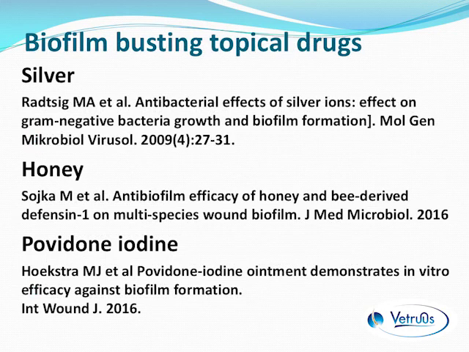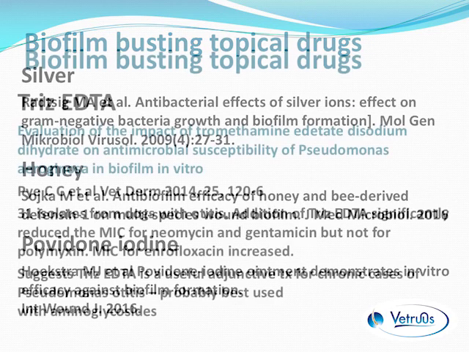Lots of different things have been described as being capable of breaking up biofilms, and on this next slide here I've just given you 3 papers which I've just pulled from the literature showing you that both silver, honey and povidone iodine all appear to be capable of breaking up biofilms. And this of course is one of the reasons why we see such things as silver or honey impregnated into wound dressings in an attempt to try and break down biofilms in these situations.